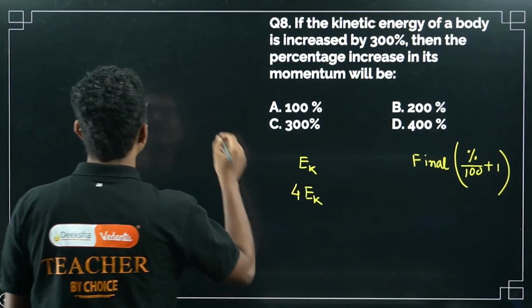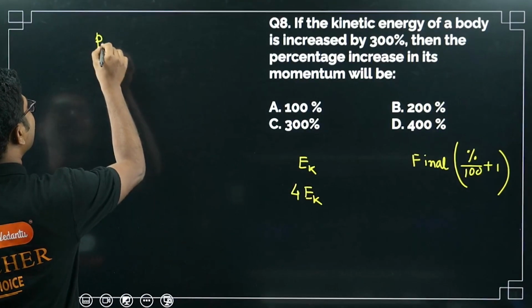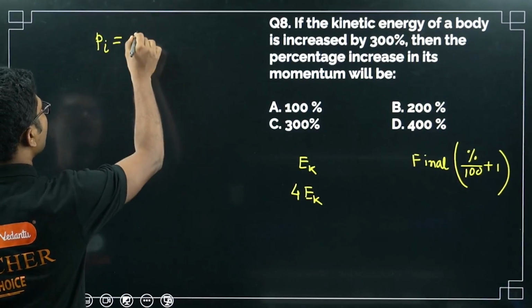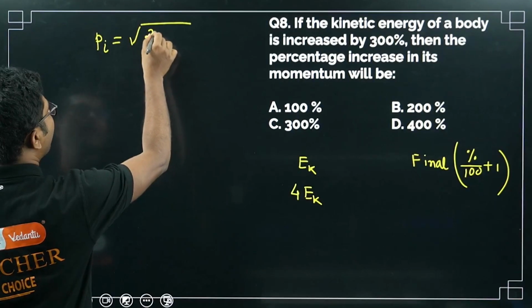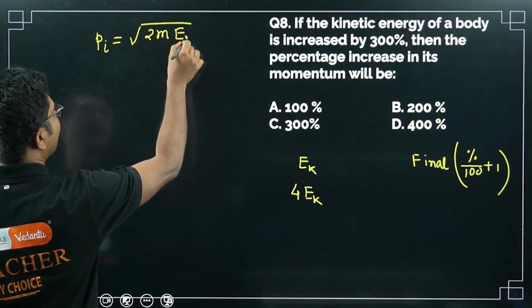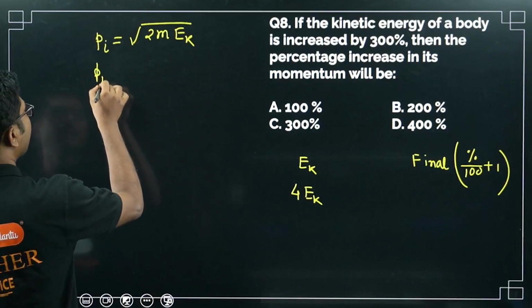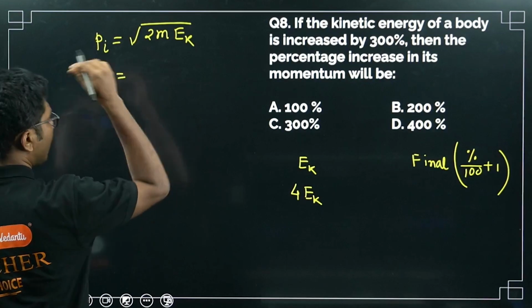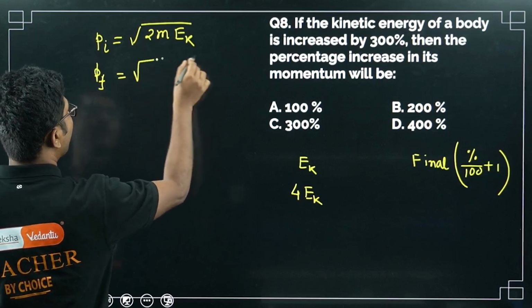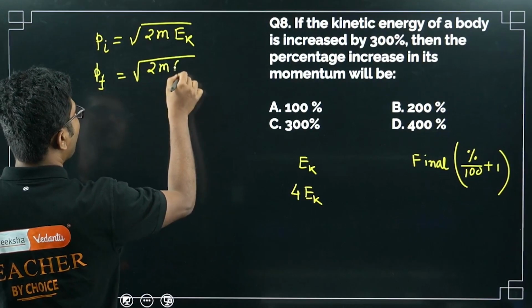So the initial momentum, what was the initial momentum? Initial momentum was square root of 2m Ek, right? What is the final momentum? PF is square root of 2m times 4 Ek.